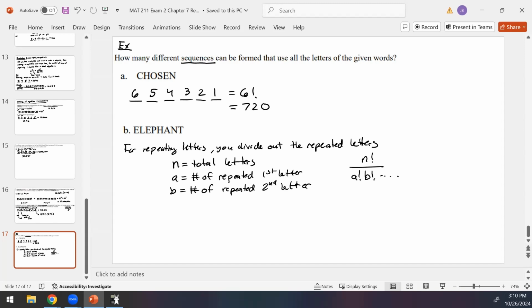You can do the hangman game with this. It's the same principle. So how many letters do I have? 1, 2, 3, 4, 5, 6, 7, 8. So I have 8 letters. So n is equal to 8. And then do I have any repetitions, right? Well, just E. So E repeats, and that's the only letter that repeats. So E repeats twice.